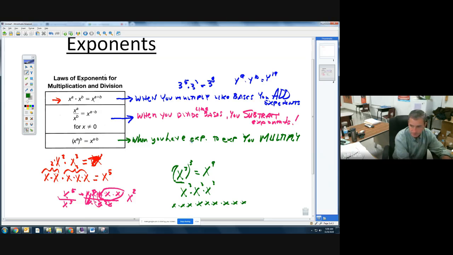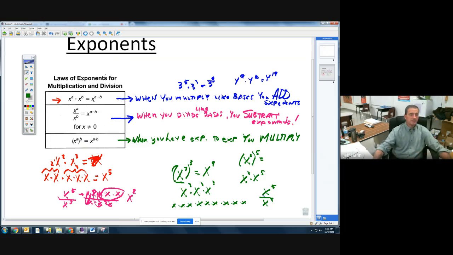We'll do a couple examples over here. What if we have, let's do, x to the second power to the 5th power. Let's do that as one example. Let's do x to the second power times x to the 5th power. And then let's do x to the 5th power divided by x to the second power.